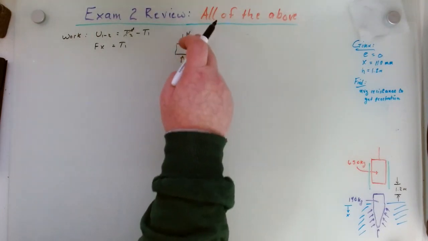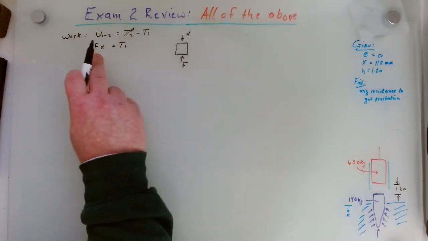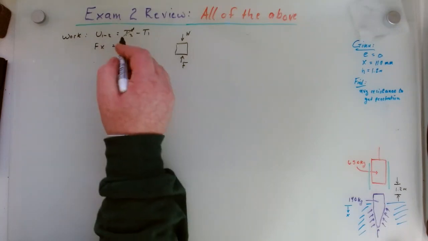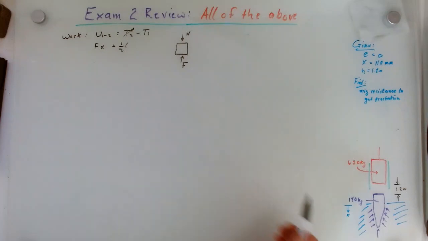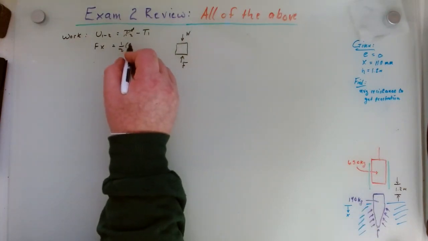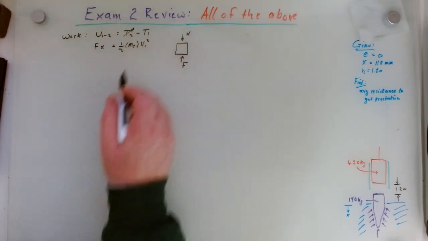And then we'll get that from our kinetic energy. What is our kinetic energy? That is 1/2, and this will be both of these masses, so I'm just going to put m total, and then v1 squared.